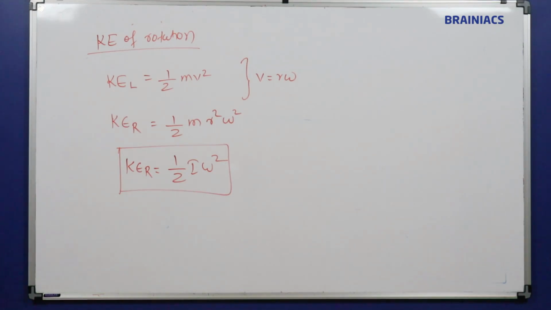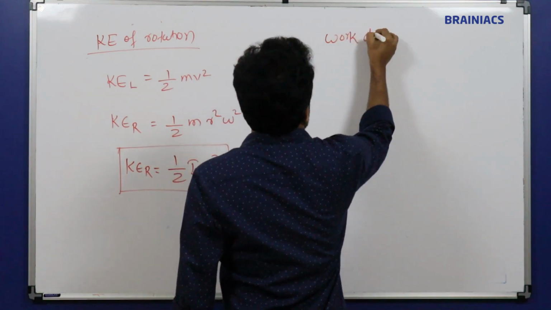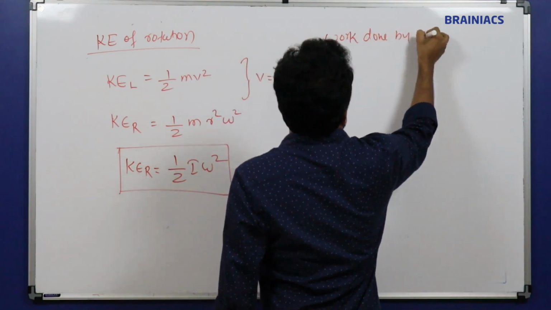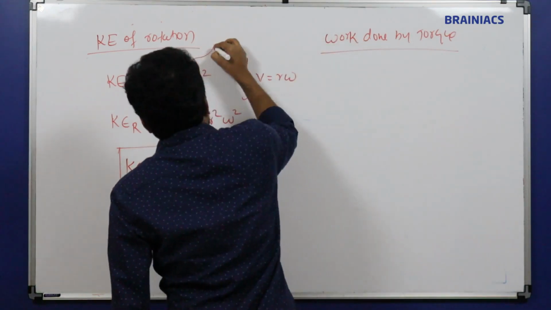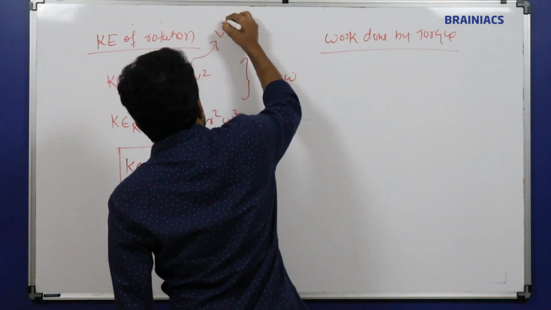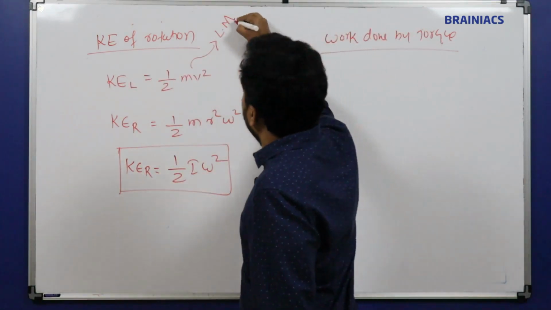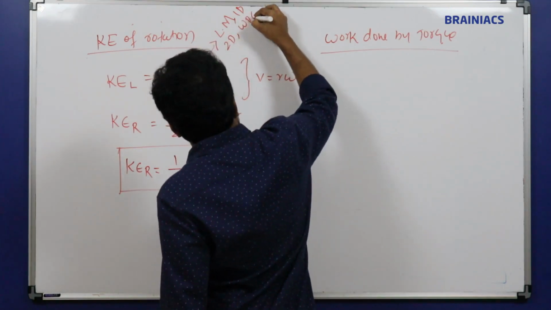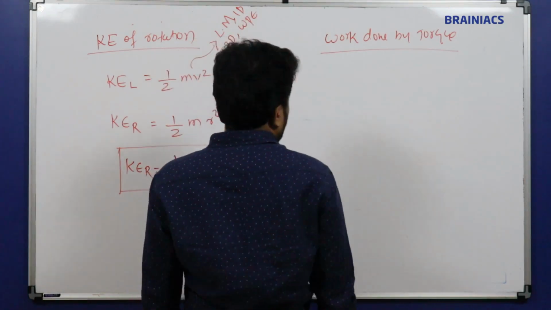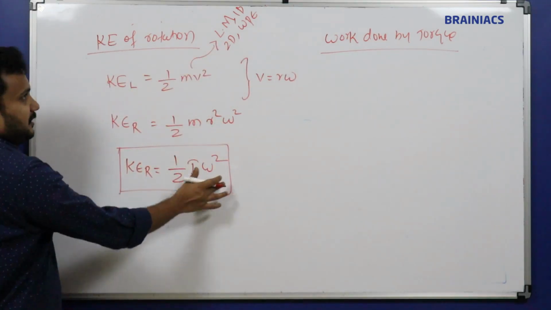Okay, next topic, work done by torque. Wherever we have studied this: in laws of motion, in one-dimensional motion, in two-dimensional motion, in work power energy, and so on. Many chapters we have learned, right? Half m v square, so this is the first time.